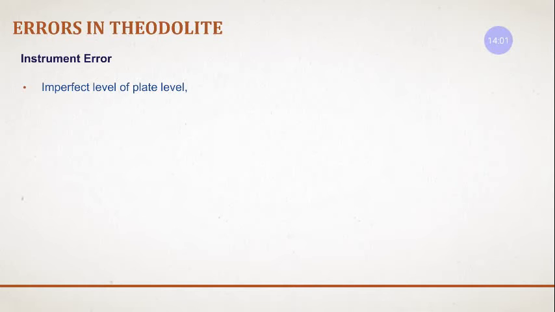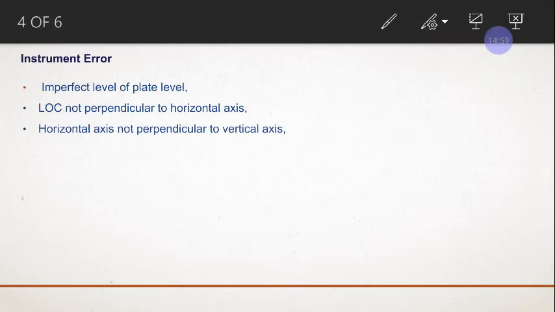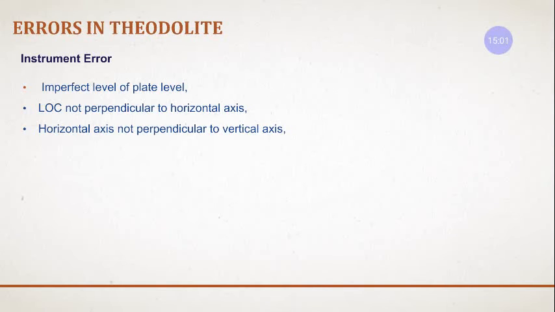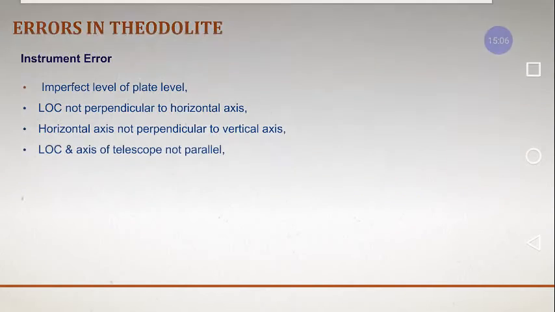Imperfect levelling of the plate level; the line of collimation not perpendicular to the horizontal axis. We have studied the relation between the different axes, and the instrument should follow that relation. If it is not following that relation, then the instrument is faulty. Next is the horizontal axis not perpendicular to the vertical axis.